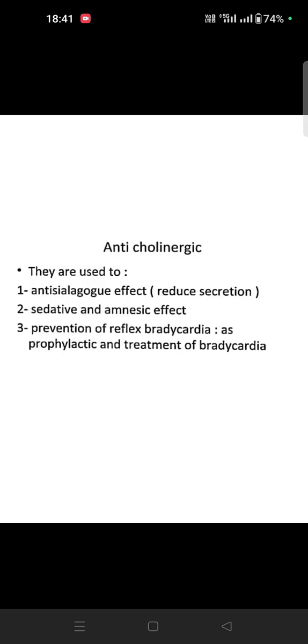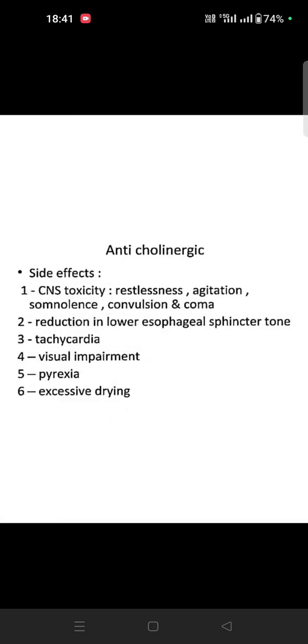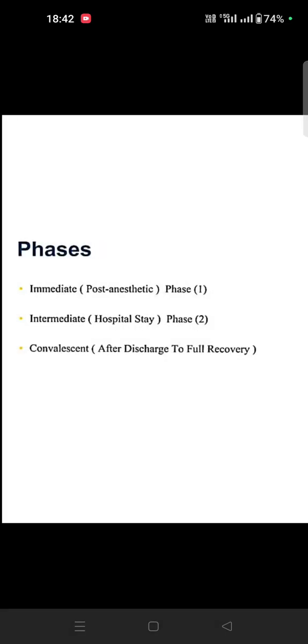They prevent reflex bradycardia and treat bradycardia. Side effects: CNS effects, reduction of lower esophageal tone, tachycardia, muscle numbness and weakness, sedation, visual impairment, pyrexia, excessive drying.